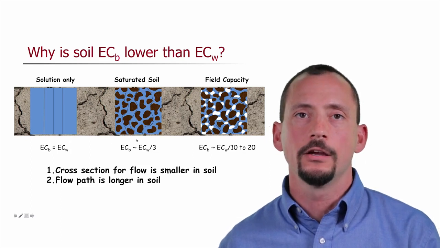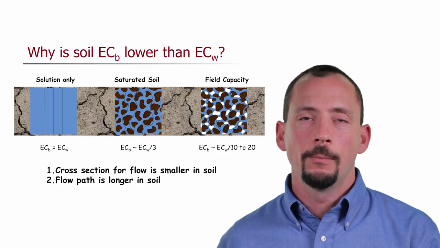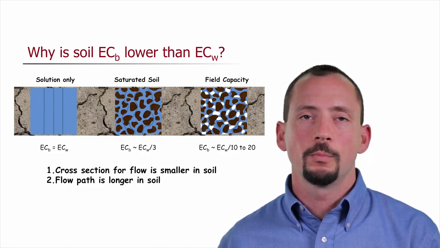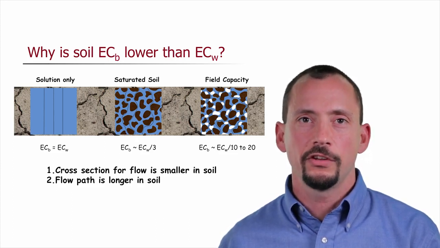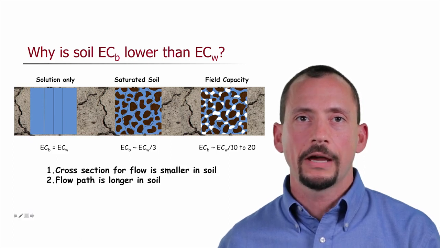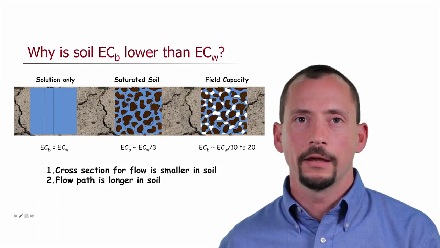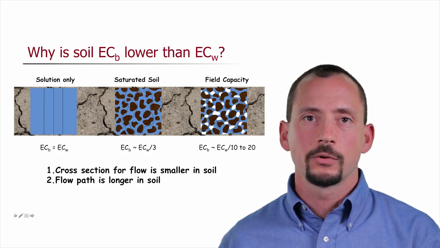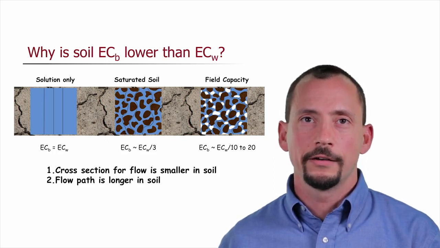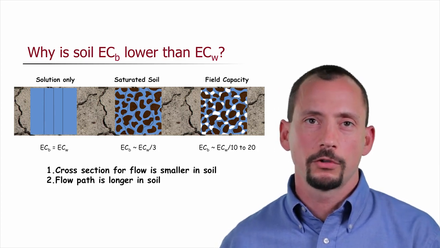Once you add soil to that system, however, the bulk EC becomes much, much less than the EC of the water itself, because you can see the pathways we have drawn here. Now the electrons have to travel a more tortuous path, and it's a longer path that they have to travel, and that decreases the electrical conductivity. It increases the resistance to flow because they're having to flow through more solution.